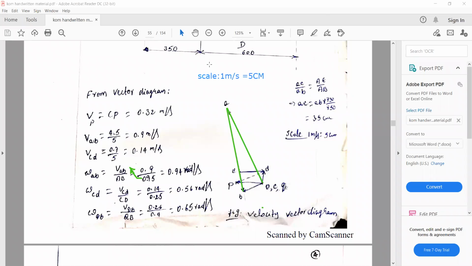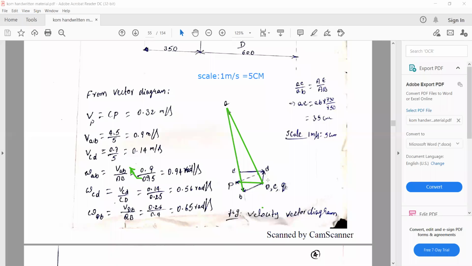It is almost a vertical line, but with some small inclination. So you have to draw the perpendicularity of CP. And now CD.